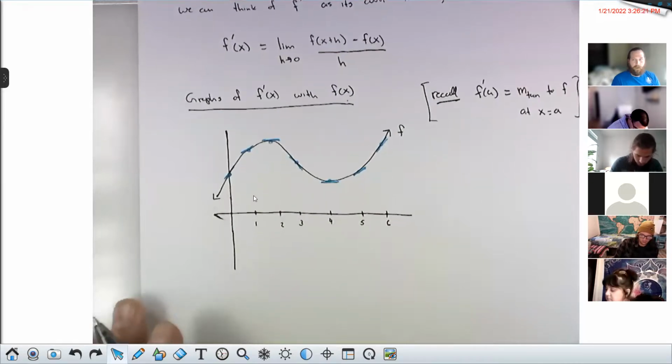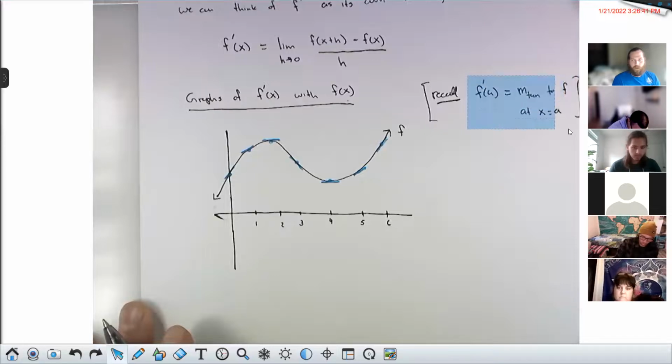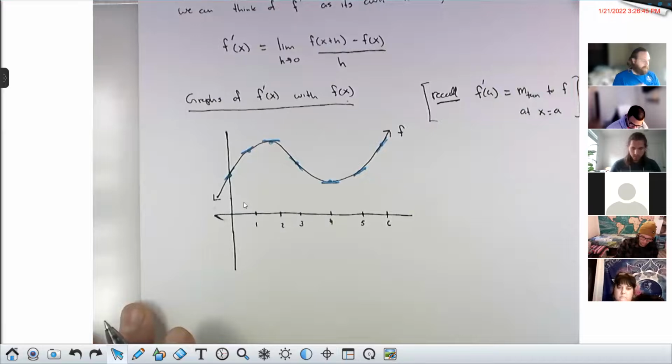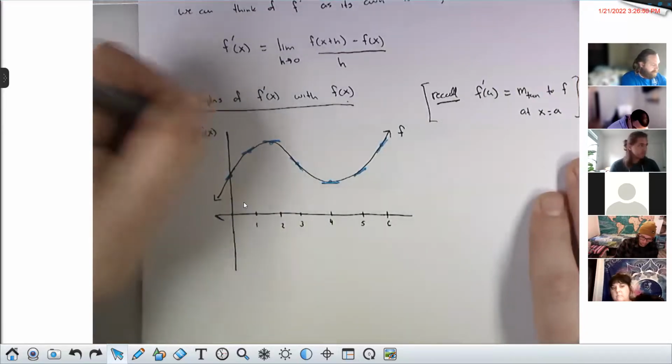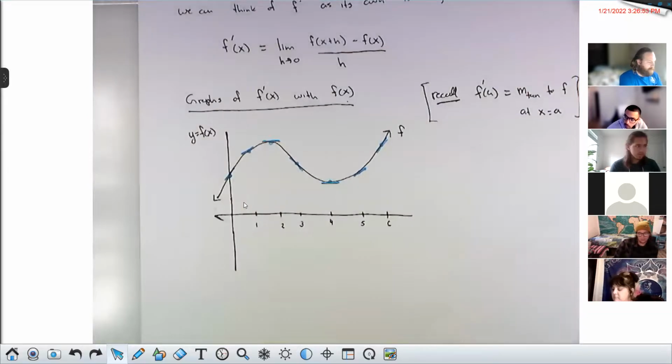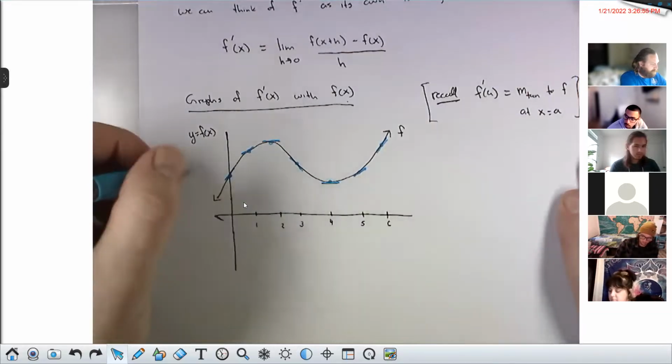We can approximate the slope of each of these little tangent lines. The y value on the graph of the derivative is the slope of the original. That's what we're saying here, is that the y value on the graph of the derivative is the slope of the graph of the original. So here's the graph y equals f of x. And off to the side here, I'm going to approximate the slopes.